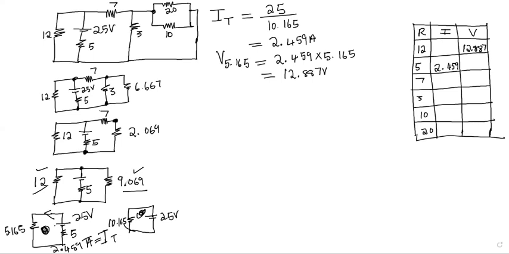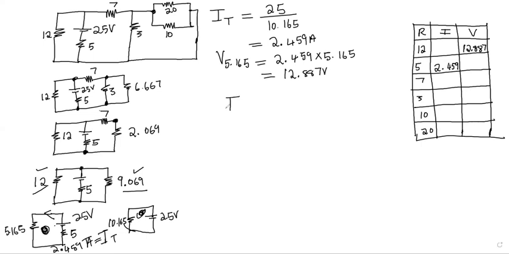So the right part, 9.069, is formed by 7 and 2.069. How are the resistors of 9.069 connected? Series connection. So to get the current through 7 and 2.069, we need to get the current of the total resistance. The total voltage, we have it, which is 12.887.